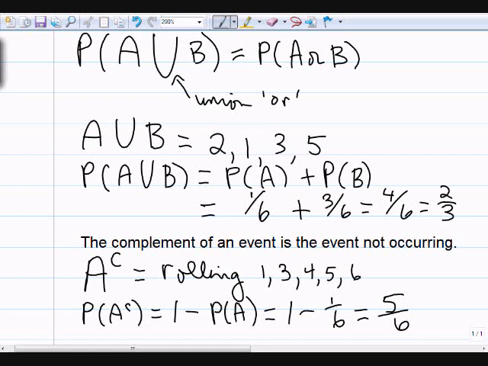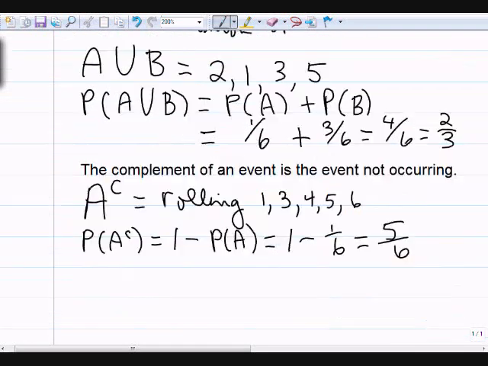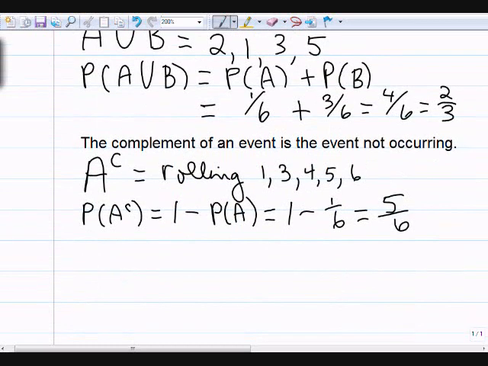And let's see. We probably should move on to another rule. And that's going to be a definition of intersection. So that will lead us into independence.